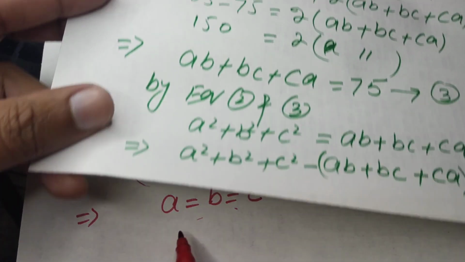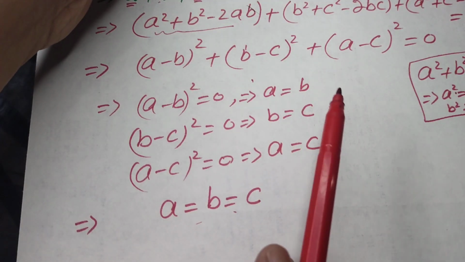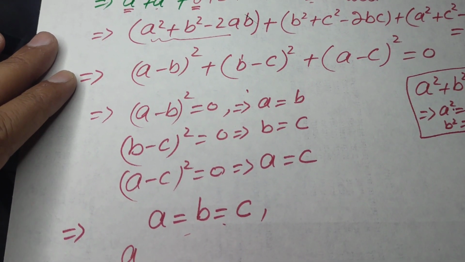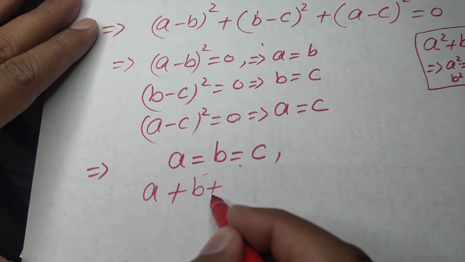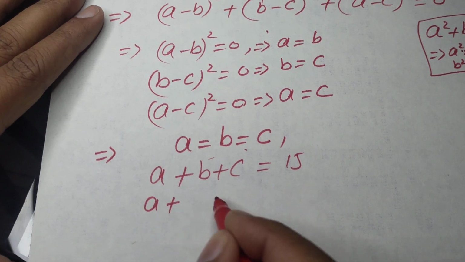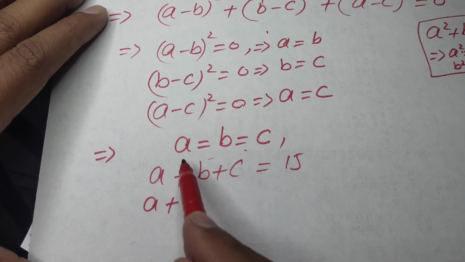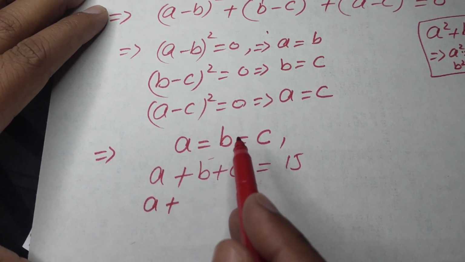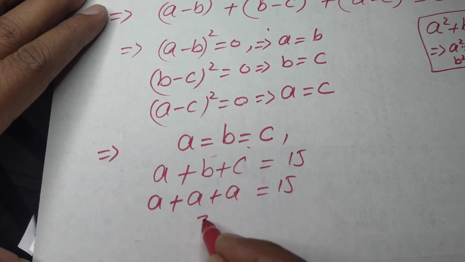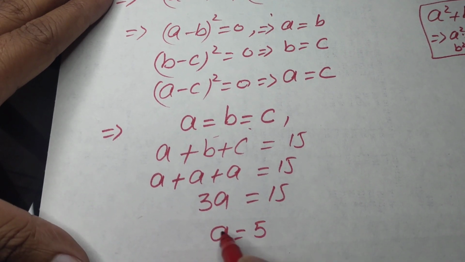So when we substitute this value in equation number 1, a plus b plus c is equal to 15, because these three values are equal, we can substitute any of them. We can substitute a here, or b, or c. So we obtain a plus a plus a is equal to 15, and this becomes 3a is equal to 15, and we will obtain a is equal to 5.